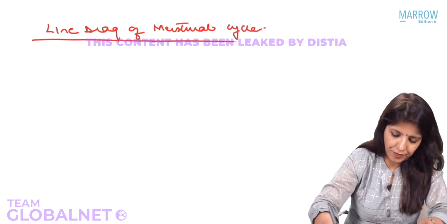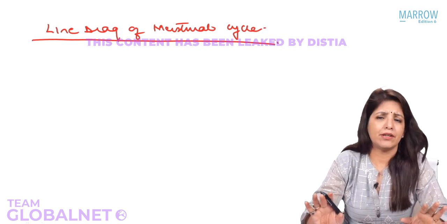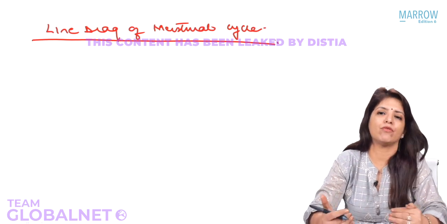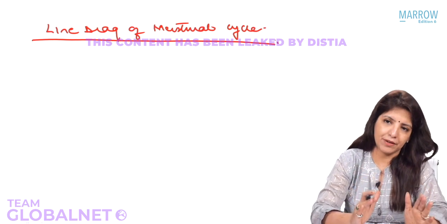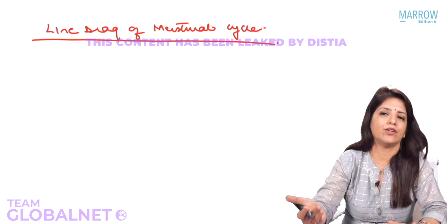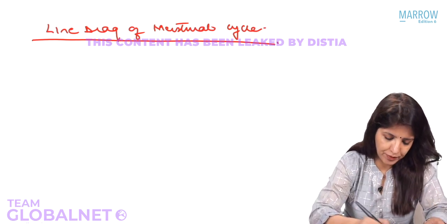This line diagram will need around half a page. And side by side, we will also do questions which are asked in the menstrual cycle up till here. So draw the line diagram in half a page and in the other half, start writing what I'm telling you.